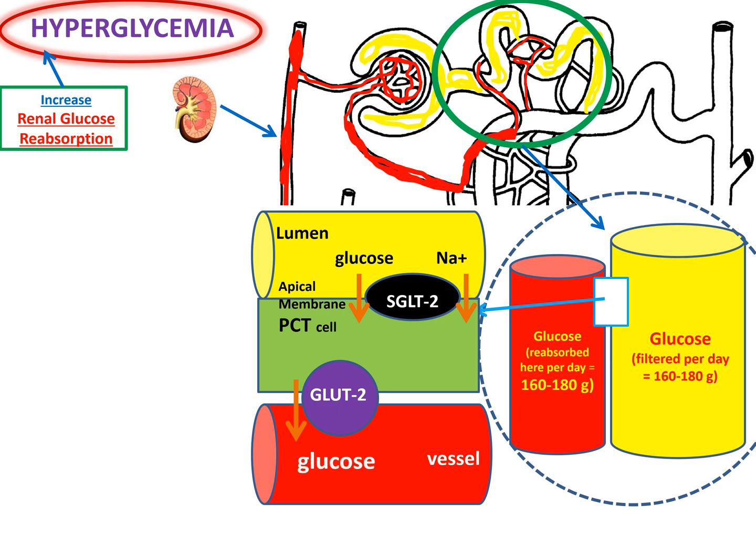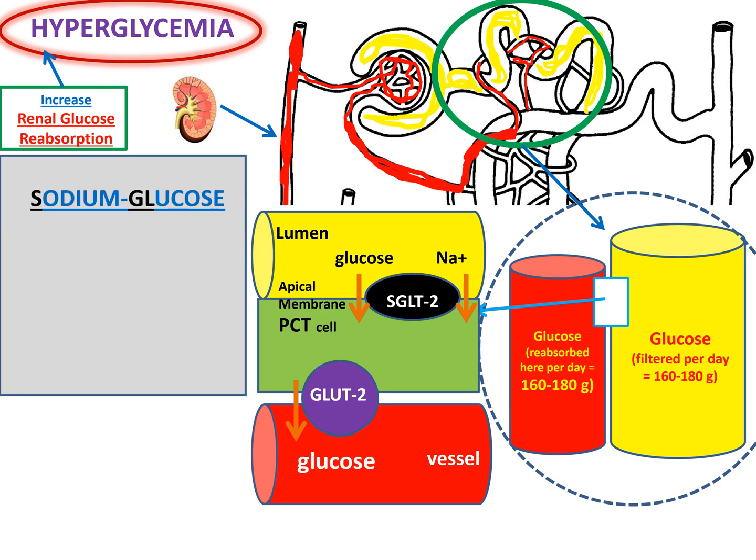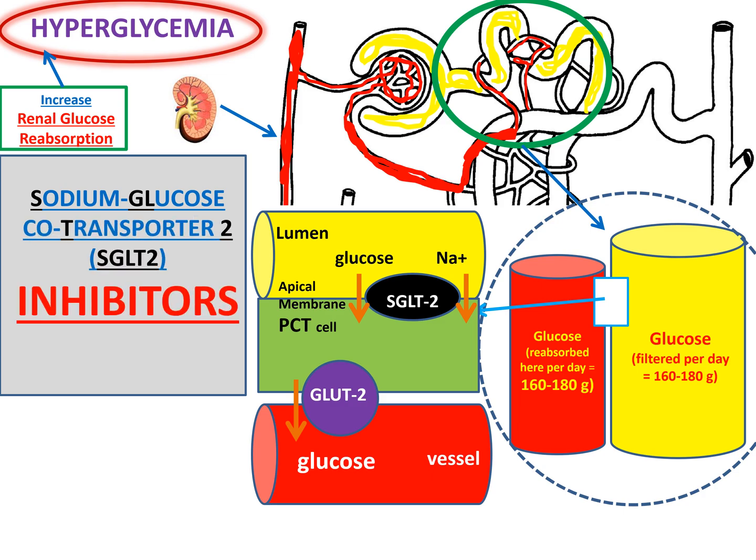So now if we are going to use sodium glucose co-transporter 2 inhibitors, that is going to inhibit the sodium glucose co-transporter 2, and finally will be decreasing the glucose in the blood vessels, decreasing the reabsorption of glucose and leading to a decrease in hyperglycemia.